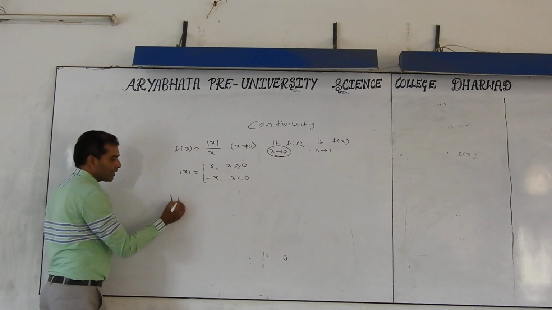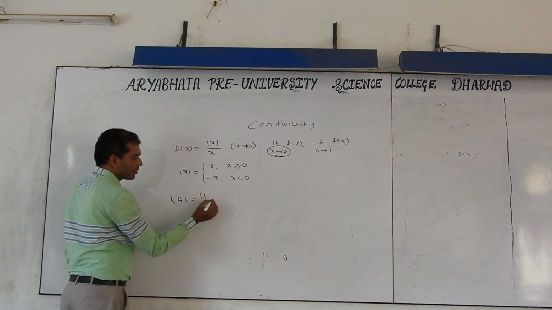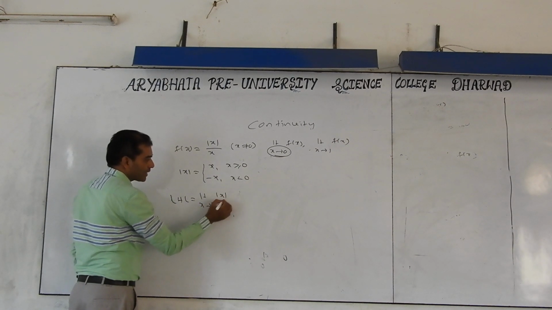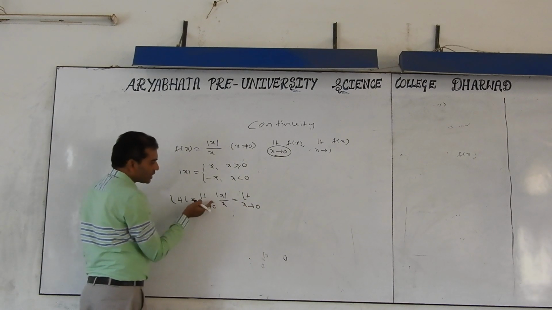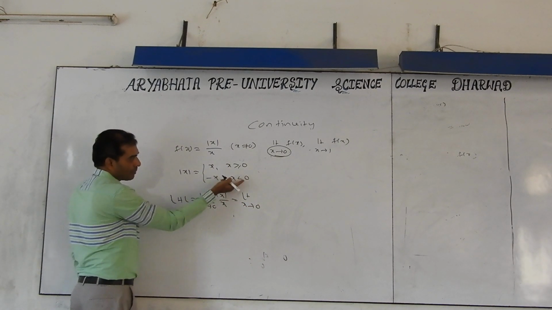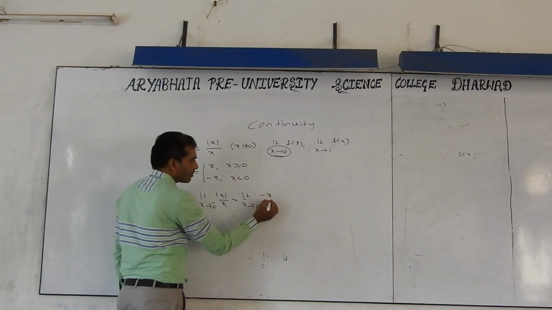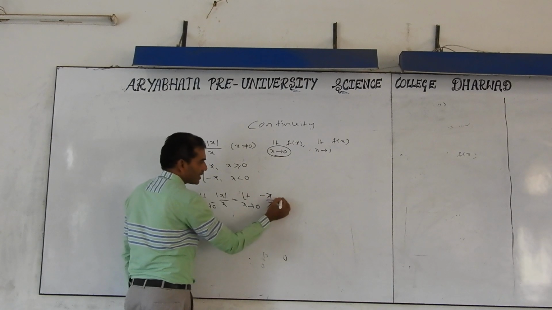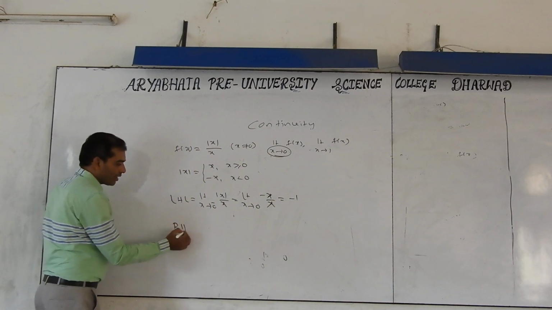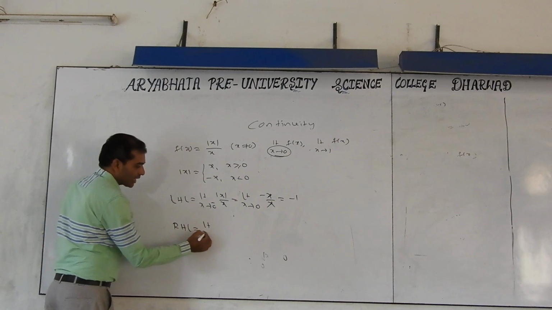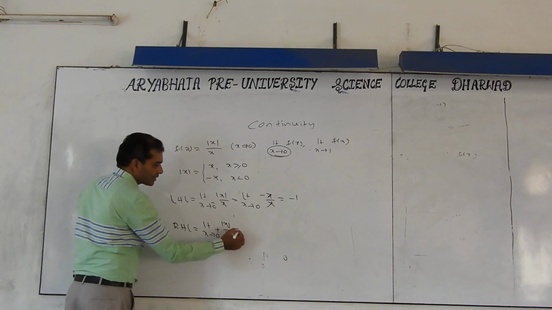So we should find the left limit and right limit. LHL: limit x tends to 0 minus mod x by x. 0 minus means below 0. Mod x equals minus x, so minus x by x gets cancelled, equal to minus 1. Right limit RHL: limit x tends to 0 plus mod x by x.